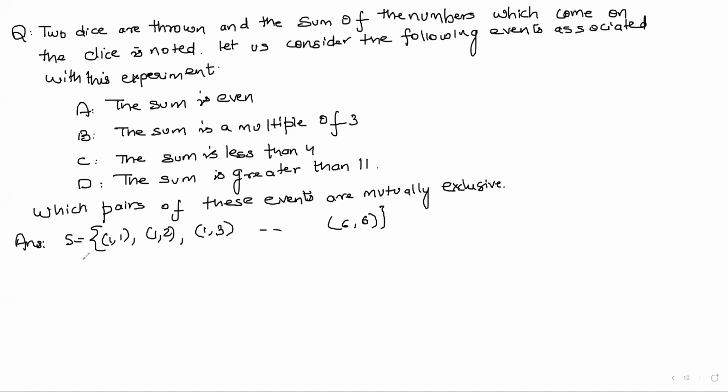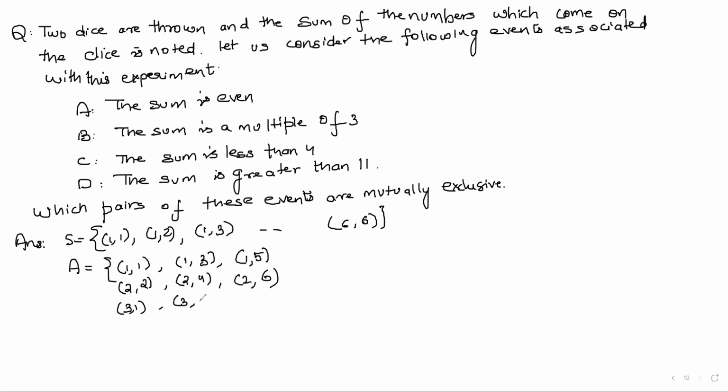Okay. Now A is the sum is even. So what are the outcomes? 1 comma 1, then 1 comma 3, then 1 comma 5, then 2 comma 2, next 2 comma 4, next 2 comma 6, next 3 comma 1, 3 comma 3, and 3 comma 5. Similarly for 4, we can take 2, 4 and 6.